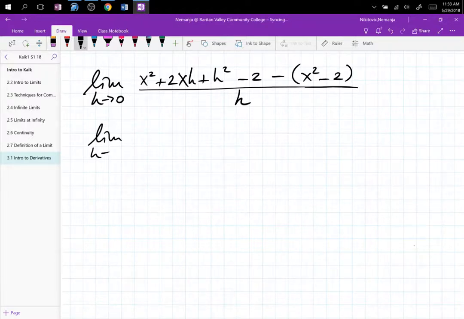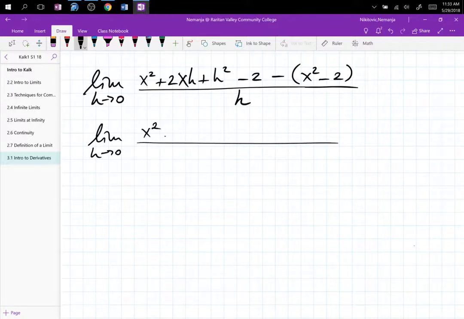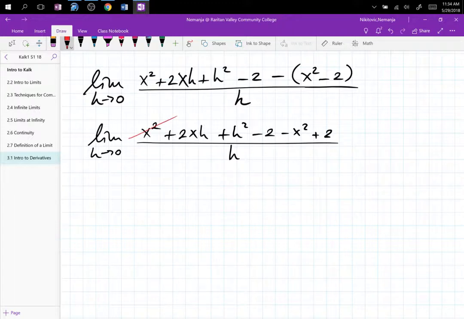Get rid of the parentheses, and at that stage all of the terms which do not contain h should cancel. If you did everything right, all of the non-h terms should be gone. Well, positive x squared, negative 2, positive 2. And as you can see, only the terms with h remain.